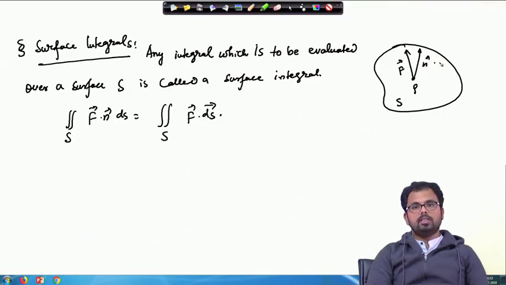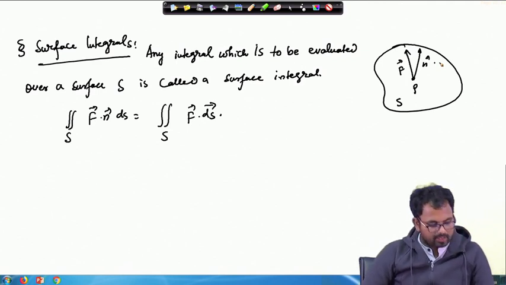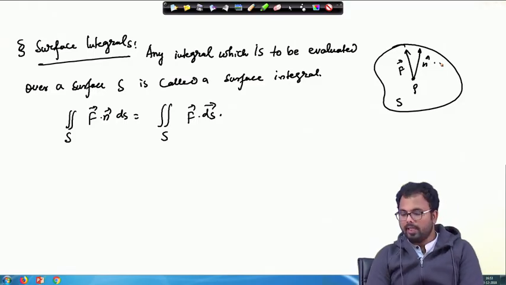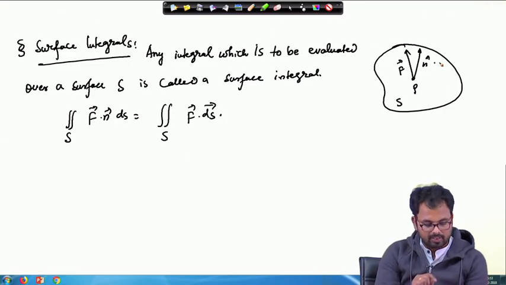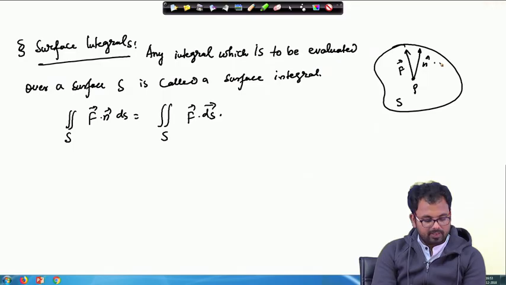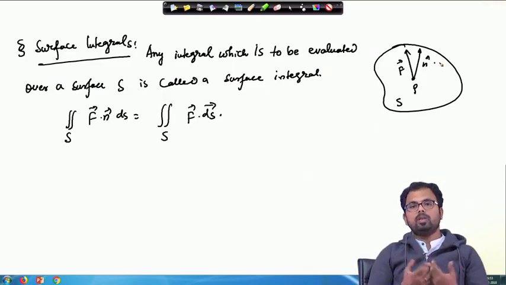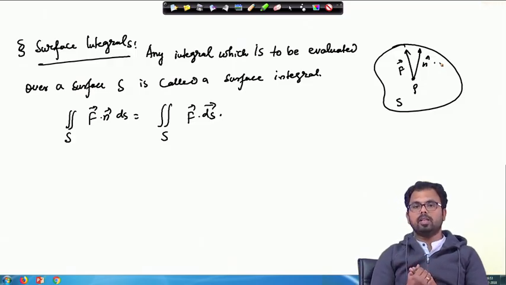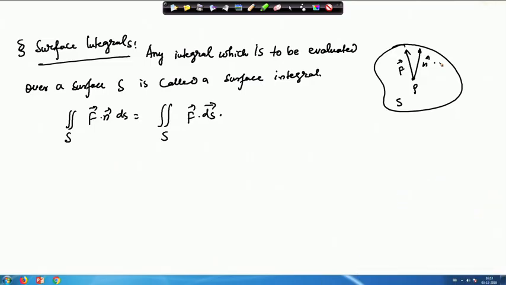So f dot n is the normal component of f at the point P, and the integral of f dot n over the surface S is given in this fashion. This is just a notation. When you are given a vector function, you have to calculate the normal n so that you can evaluate this surface integral f dot n ds.